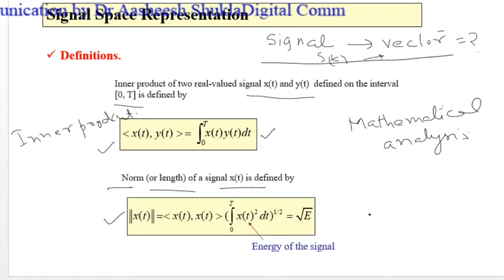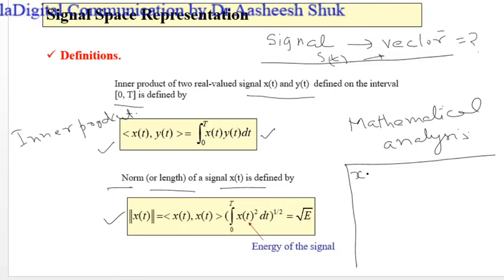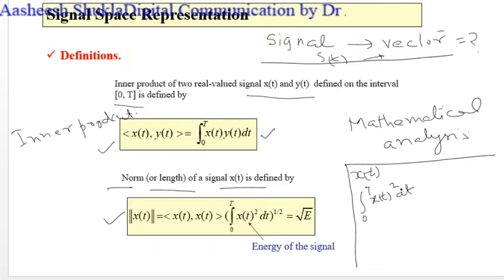And if we see how we can calculate the energy of any signal, the energy of any signal x(t) can be simply written as the integration of x(t) square dt. This is the formula for energy, right? And here we see the same relationship, 0 to T of x(t) square dt. So this is nothing but the energy of the signal x(t).